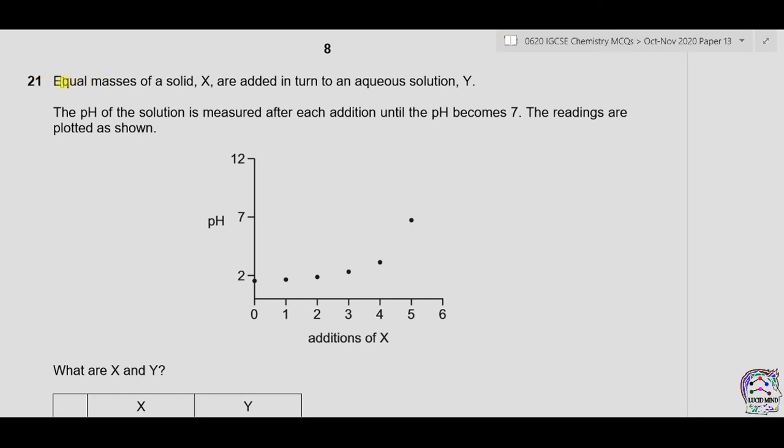Question 21. Equal masses of solid X are added in turn to an aqueous solution Y. The pH of the solution is measured after each addition until the pH becomes 7. The readings are plotted as shown. These are the points.